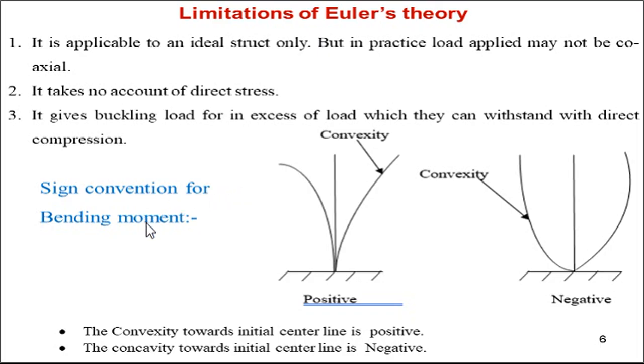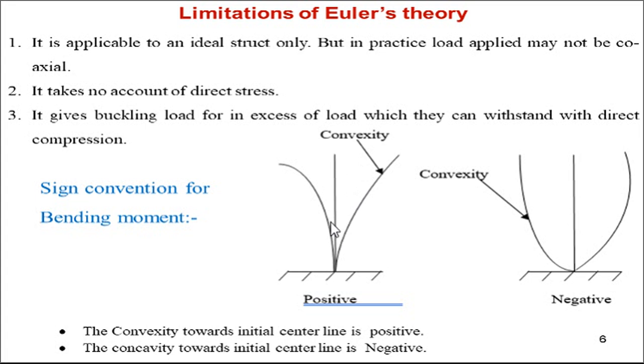So, sign conventions for bending moment. In the first figure you can see it is taken as positive when there is convexity, meaning a bending moment which bends the column so as to produce convexity towards the center line of the column.